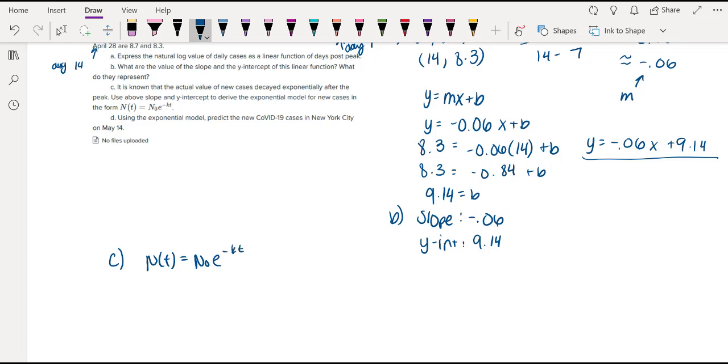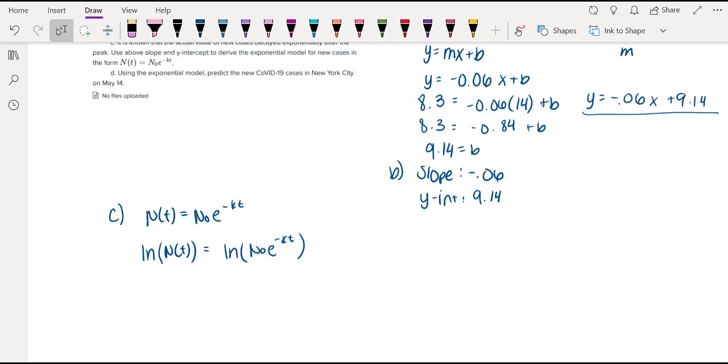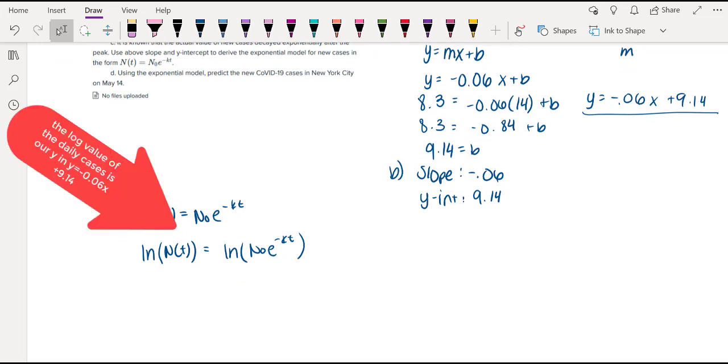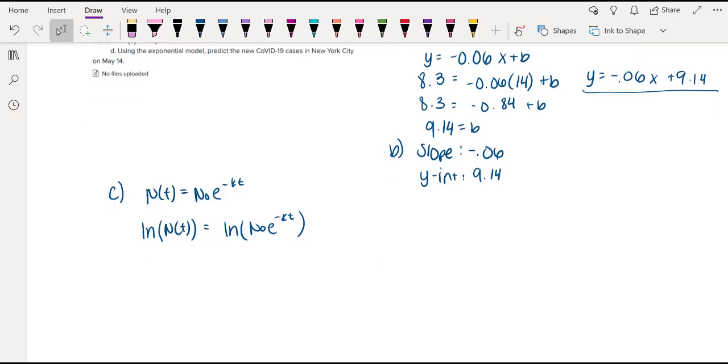Let's start by taking the natural log of both sides. What that's going to allow us to do is get that in terms of some of our data points that we were using, since that's the natural log value of daily cases. So we take the natural log of N of t and the natural log of N naught times e to the negative kt. The natural log of N of t was our y value in our equation y equals mx plus b, so we can call that y of t.